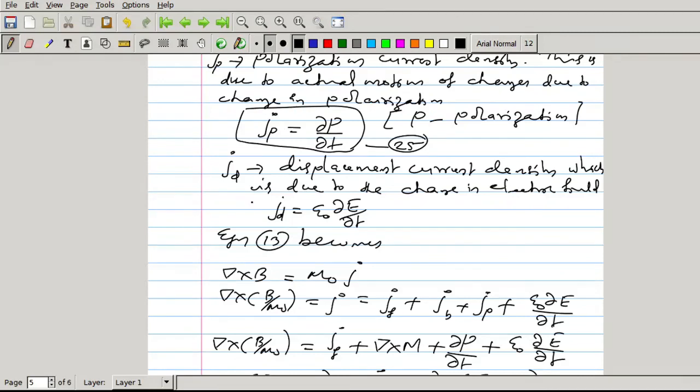Actually dou D by dou T is the displacement current density, so I am writing this as J_E, due to change in electric field.